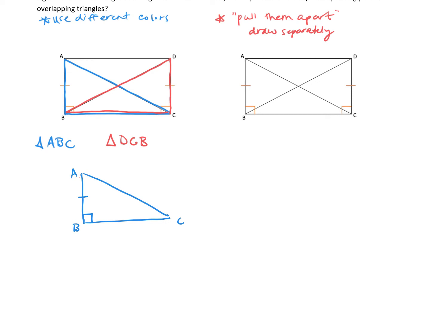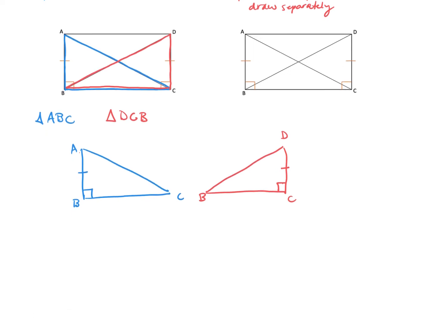And then triangle DCB, if I pull that apart, is going to look like this, DCB with a right angle and a congruency mark. So you can see if this were to shift back over to the right, vertex B and vertex B would both be right here. Vertex C and vertex C would be lined up. So those are our two triangles. This is going to make it easier for us to identify corresponding parts.